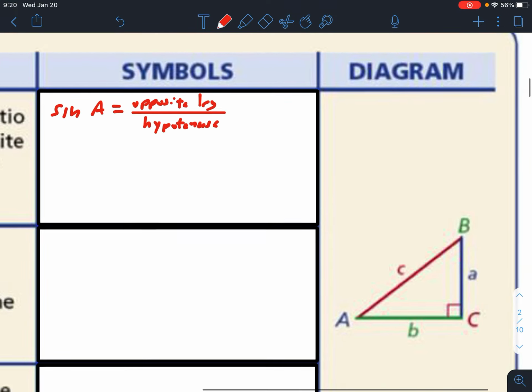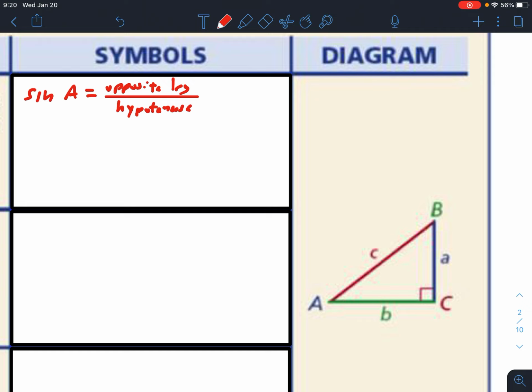So let's look at our picture here. What leg is opposite angle A? So here's angle A. The leg that's opposite that would be little a. And what's the hypotenuse? Well, the hypotenuse is across from the right angle, so that's little c. So our answer here would be little a over little c.